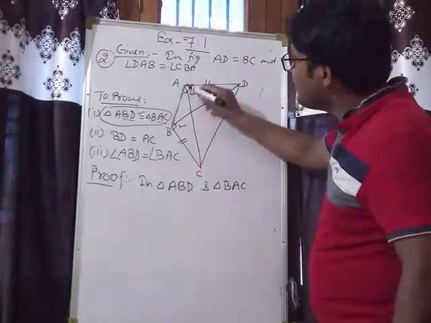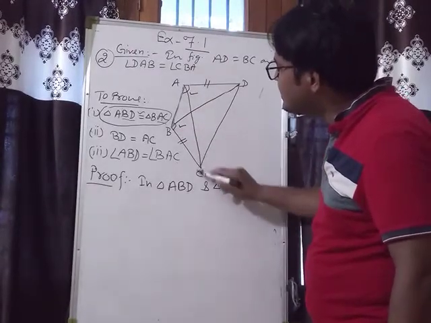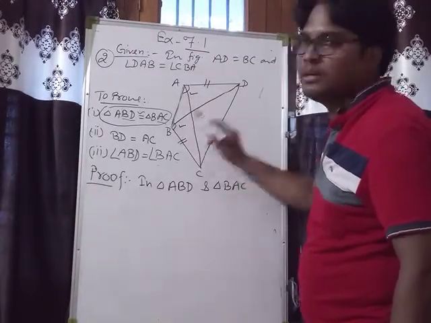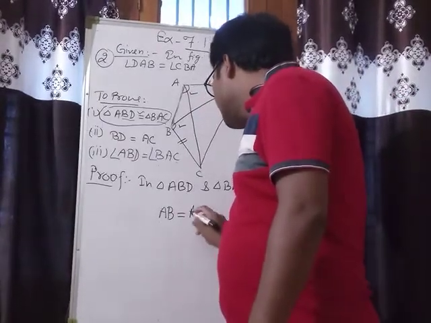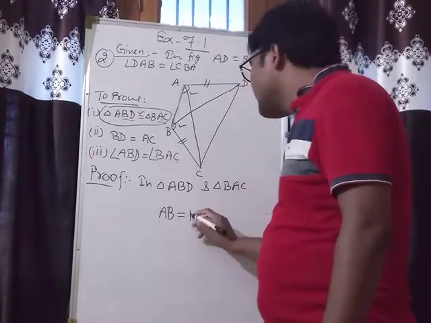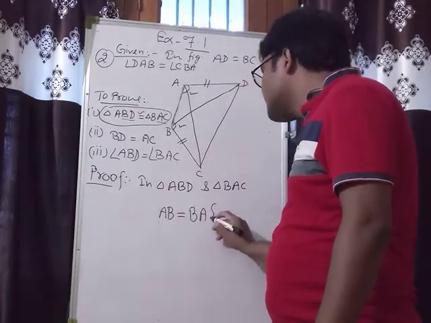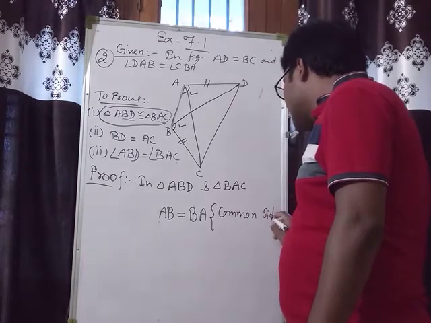So AB is equal to BA, that is the common side.